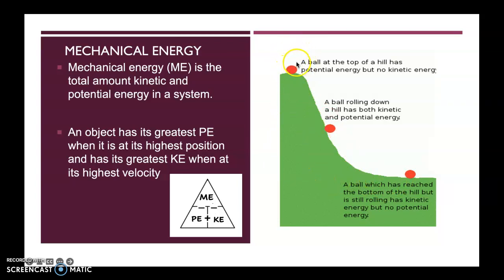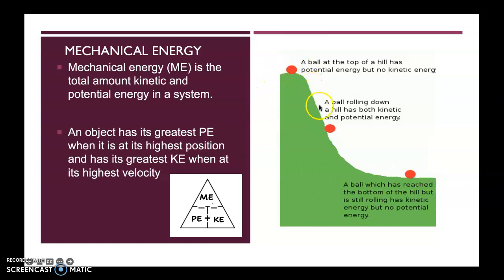So if we look at this situation here, the ball at the top of the hill has all potential energy but no kinetic energy. As it starts to roll down the hill, some of that potential energy has turned into kinetic, but it still has some potential until it reaches the bottom, at which point, if there is no height, there is no potential energy, and it has turned 100% into kinetic energy.